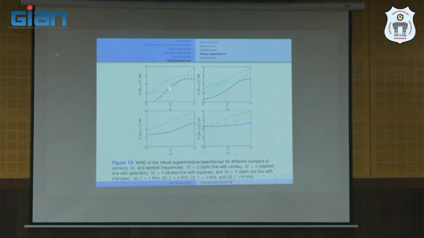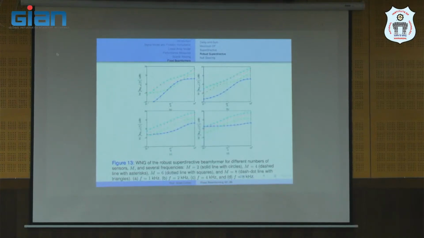So for a certain frequency, let's suppose that we work with 4 kilohertz. As we increase alpha, we give more weight to the white noise gain. So you see the white noise gain increases. And for any number of sensors, it increases as we increase alpha.